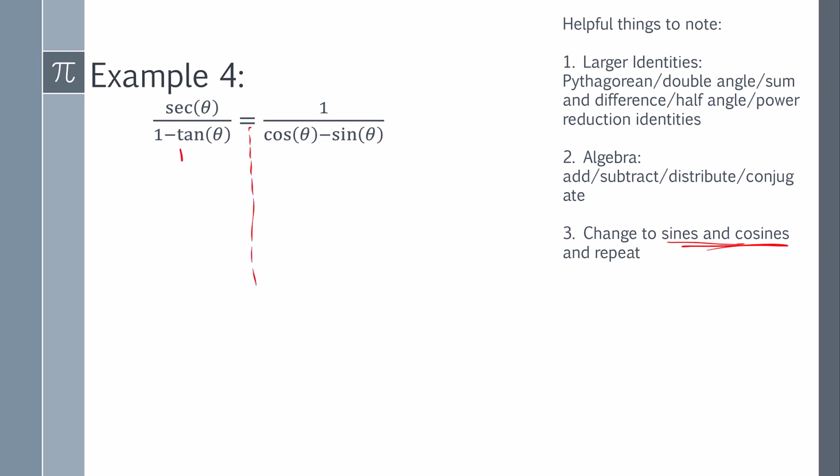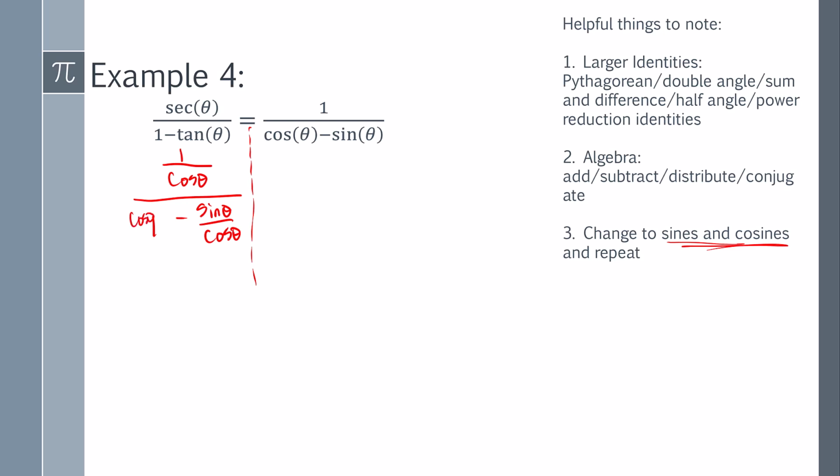So secant theta, I don't have any Pythagorean, there's no algebra, nothing to add or subtract, so I'm going to change everything into sines and cosines. So 1 over cosine theta, that's what secant theta is, and then over 1 minus, and then tangent is sine over cosine. So now I want to try and combine this together. So to do that, I need to find the common denominator.